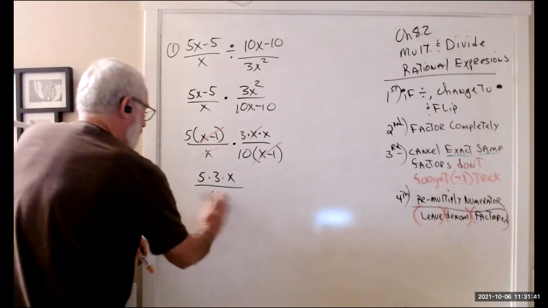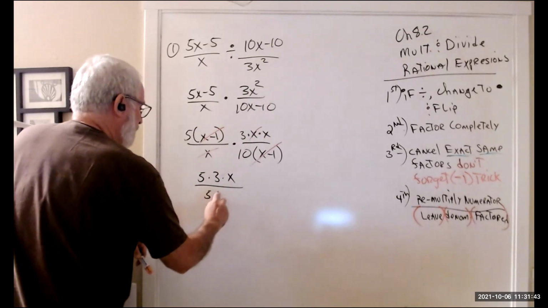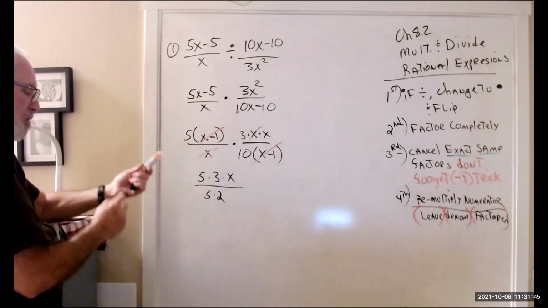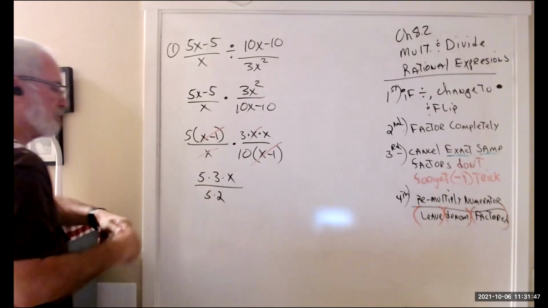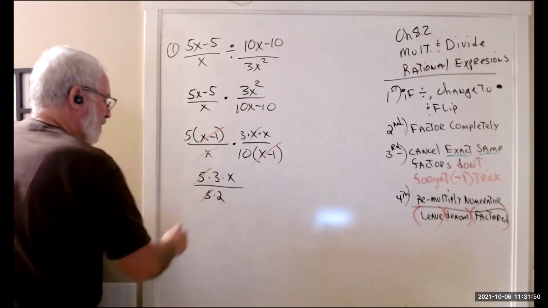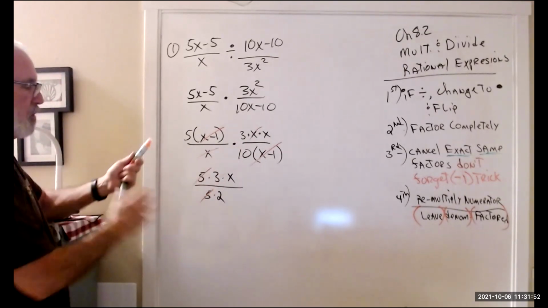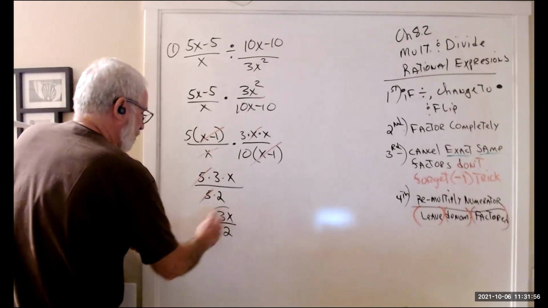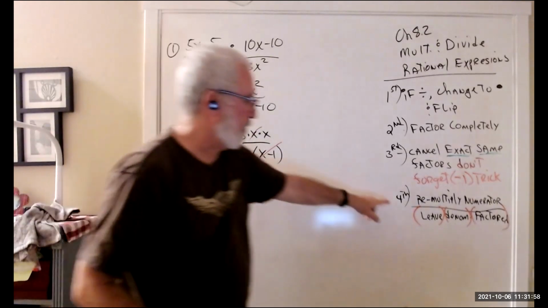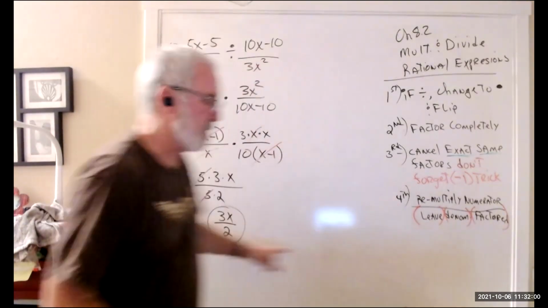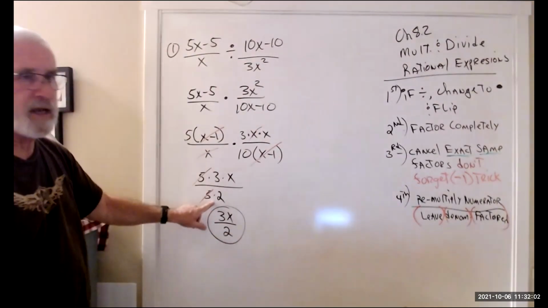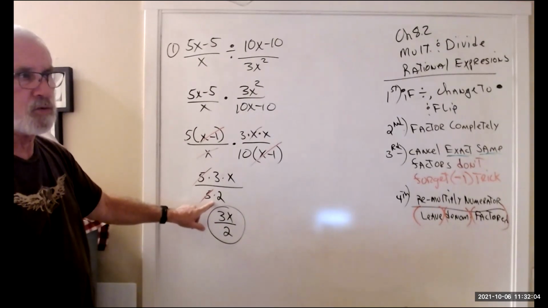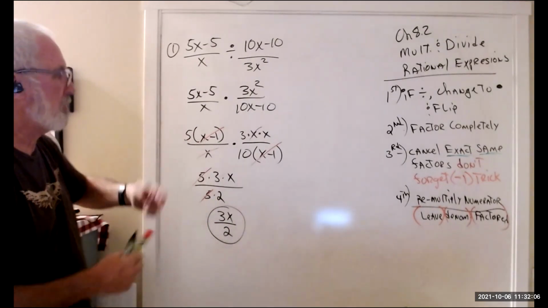Sure. 10 is 5 times 2. So this 5 and this 5 cancel out. Shove everybody back together. Final answer, 3x over 2. The fourth step didn't apply to this problem because there's only one thing in the denominator, a 2. Pretty much that's it.